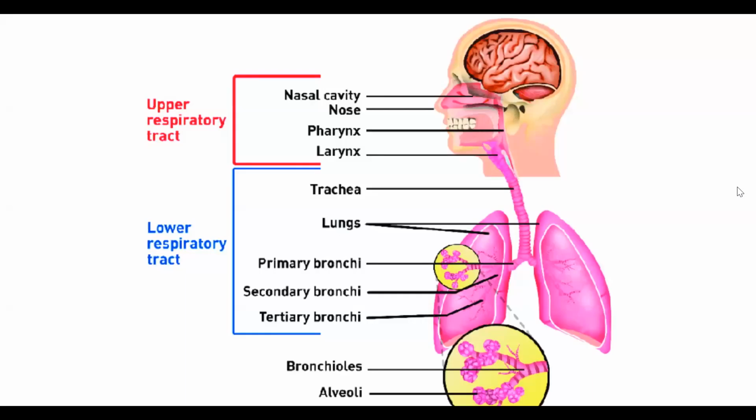And then when we enter into the lungs, you have the bronchi, you have primary and secondary and tertiary bronchi, and then they even further divide into the bronchioles. And then they even further divide into the alveoli. The alveoli. Very good, the Honorable Princess here with us.